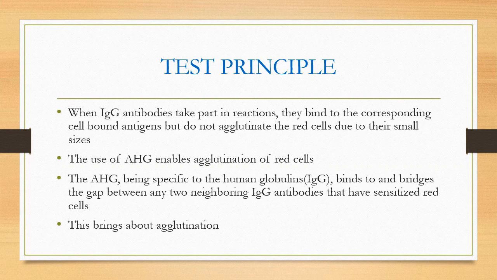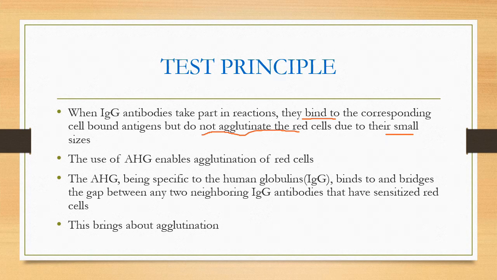The key thing about this Coombs test is based on how IgG antibodies take part in reactions. Because of their small size, when they take part in reactions, they bind to the corresponding cell-bound antigens, but do not agglutinate those red cells. Agglutination is one of the results of a reaction.